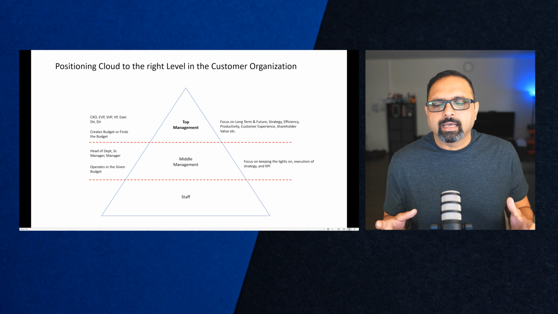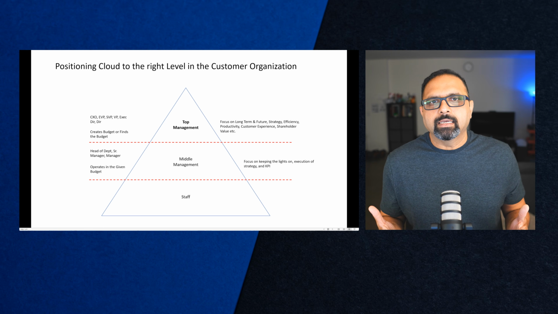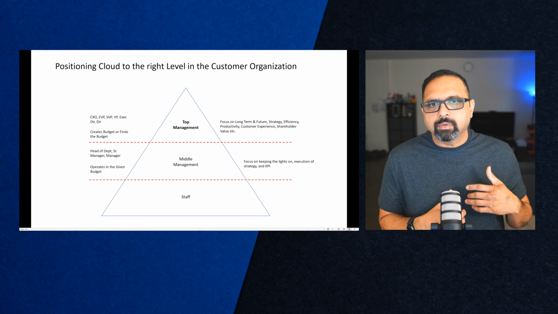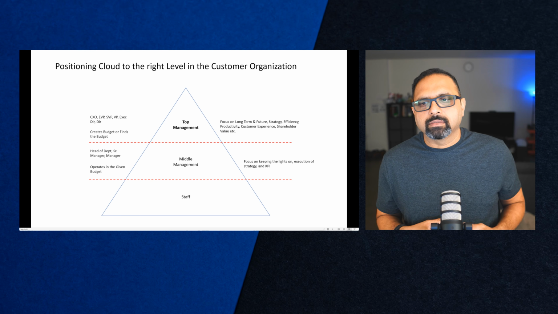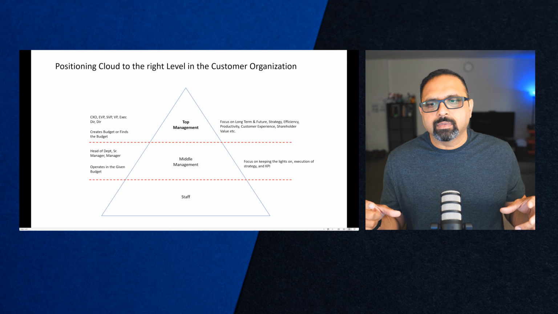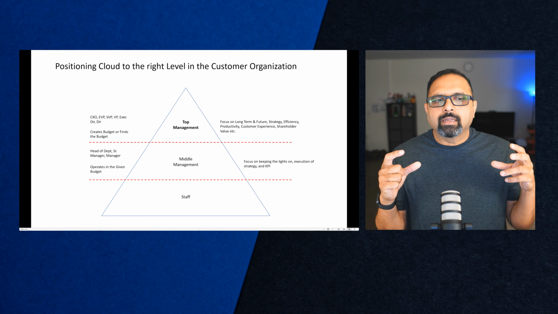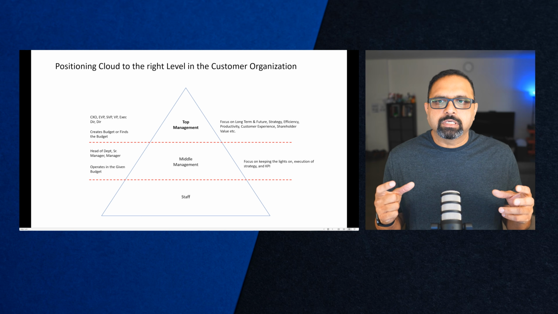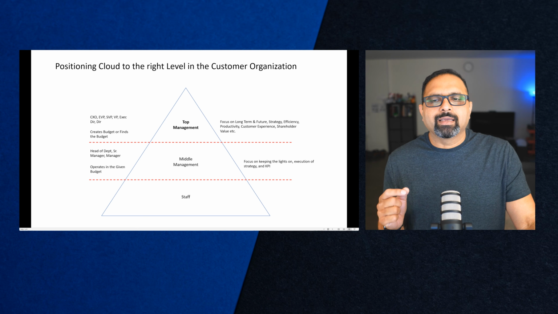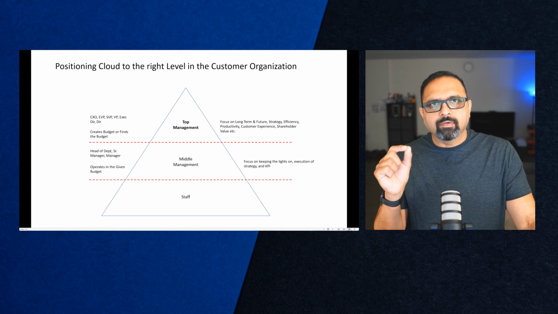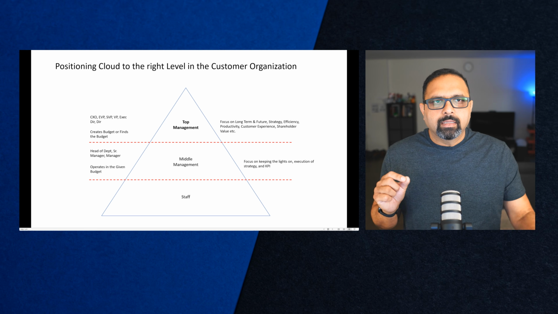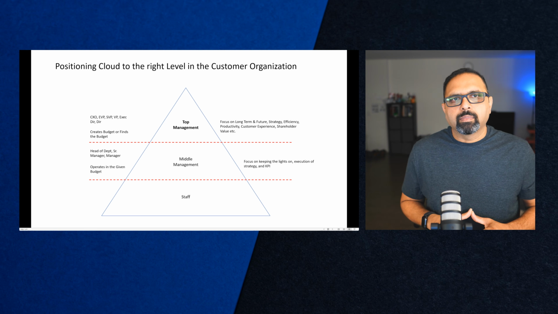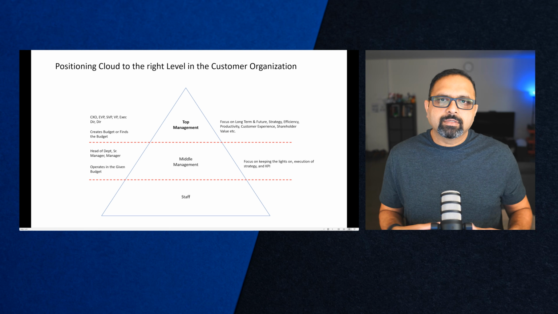All of these people, where technology salespeople generally start their conversation, are the middle management. Their key situation is that they operate within a given budget. That is very, very important to understand. The middle management generally operates in a given specific budget.